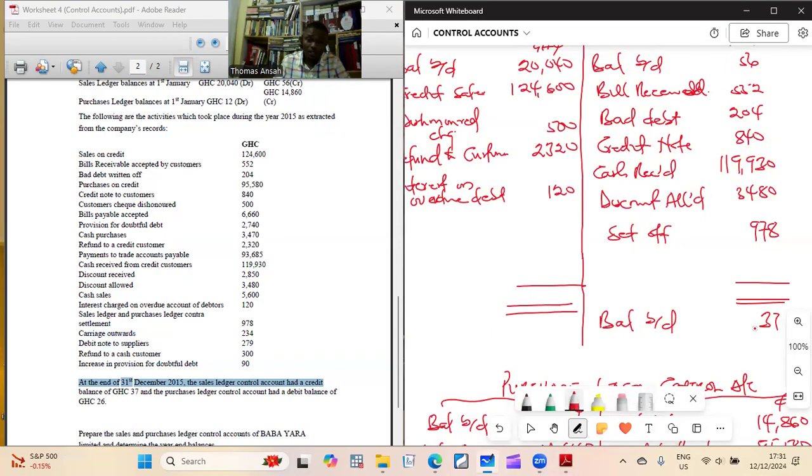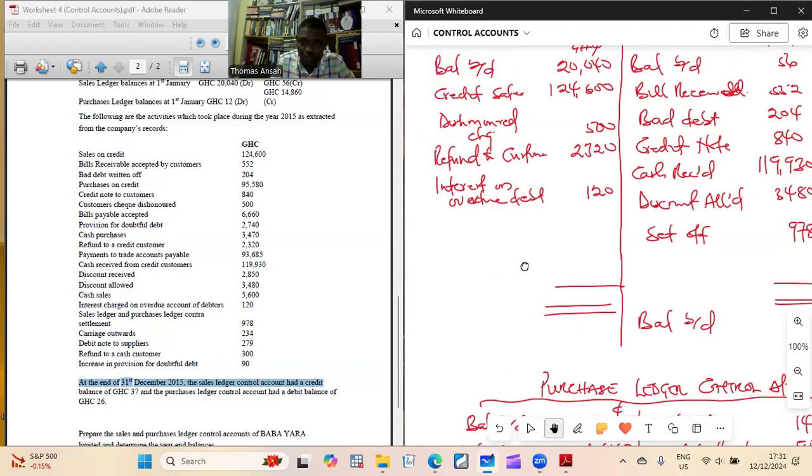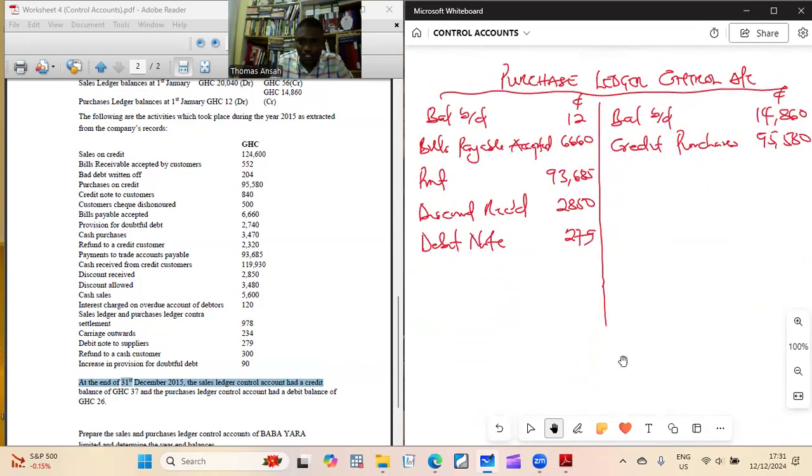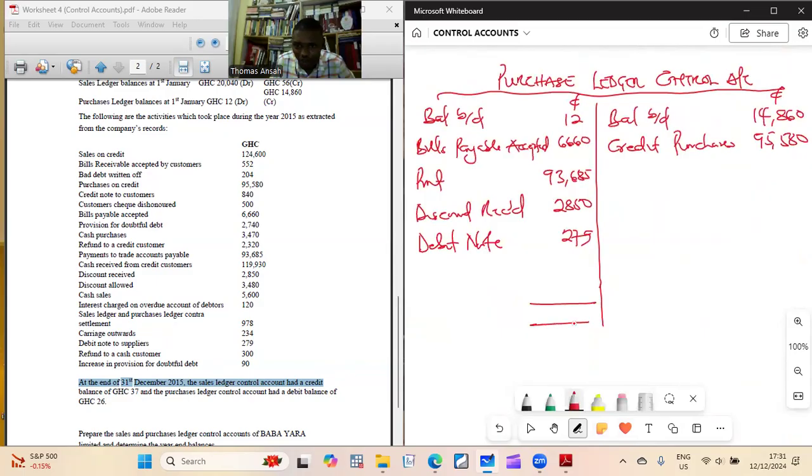Is that okay? Then automatically the balance carried down of that figure is 37 here. Then it says that the purchases ledger also has a debit balance. If it is a debit balance, it means the balance brought down is 26. That means that automatically there is a balance carried down on that also.